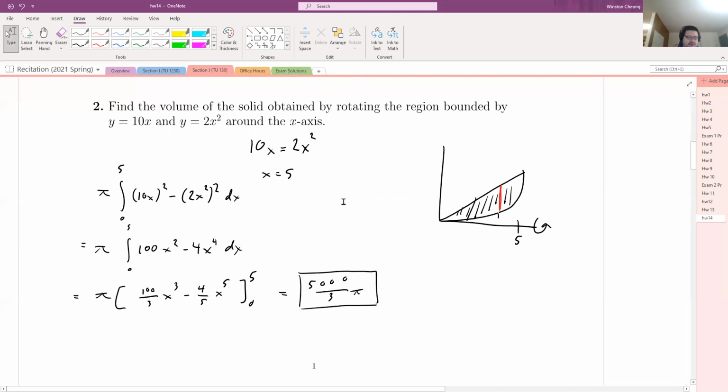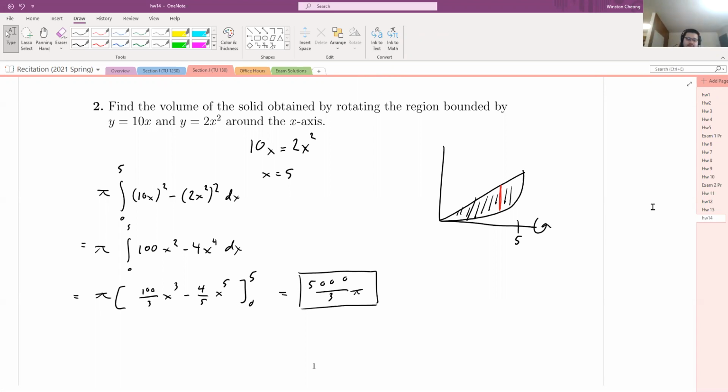Okay. Well, I want to give you guys time if you want to ask any questions, but I don't have anything else to add to this. So, let's say you had a problem where you didn't have to use the washer method, but you use the washer method anyway, wouldn't that just give you the same answer, right? It should, yes.